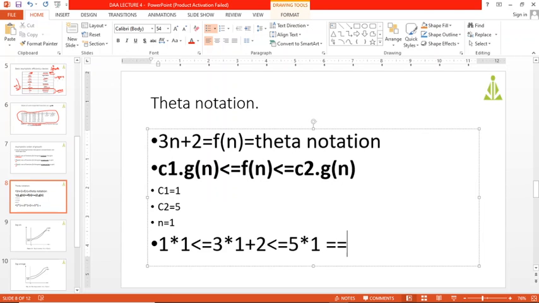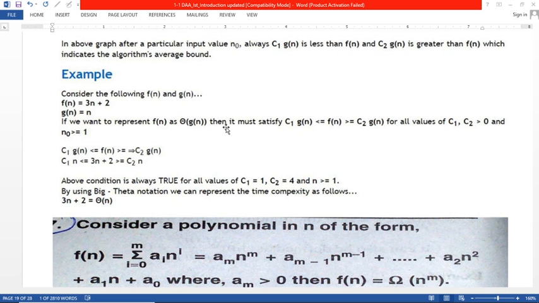So what will be the answer? 1 times 1 is 1, less than or equal to 3 times 1 is 3 plus 2 is 5, which is less than or equal to 5. Is this condition satisfied? Yes, 1 is less than 5 and 5 is less than or equal to 5. Yes, this condition is satisfied, and this is the theta notation.